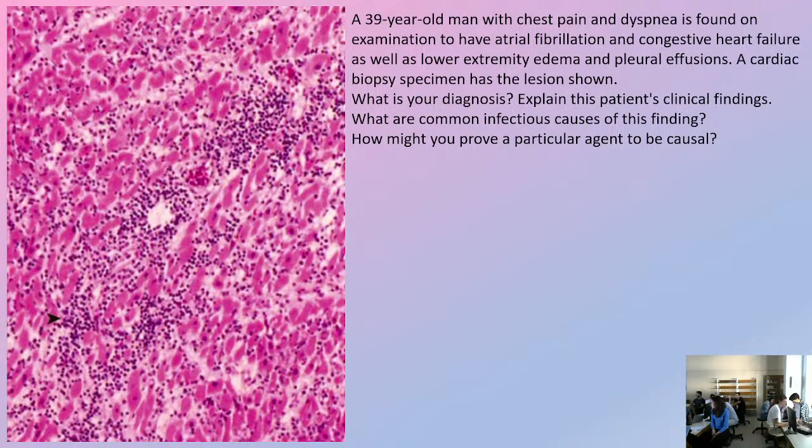What do you think? That's right, dyspnea. That means because there is stasis in the pulmonary circulation because the blood cannot leave the left ventricle of the heart. But also we have lower extremity edema and pleural effusions and possibly jugular vein distension.